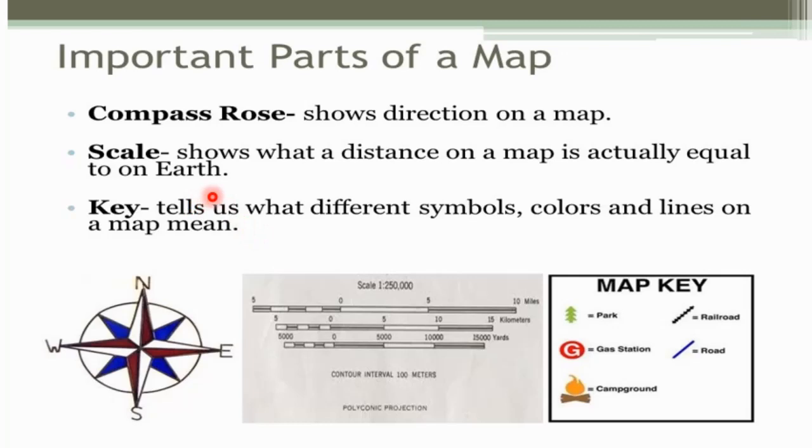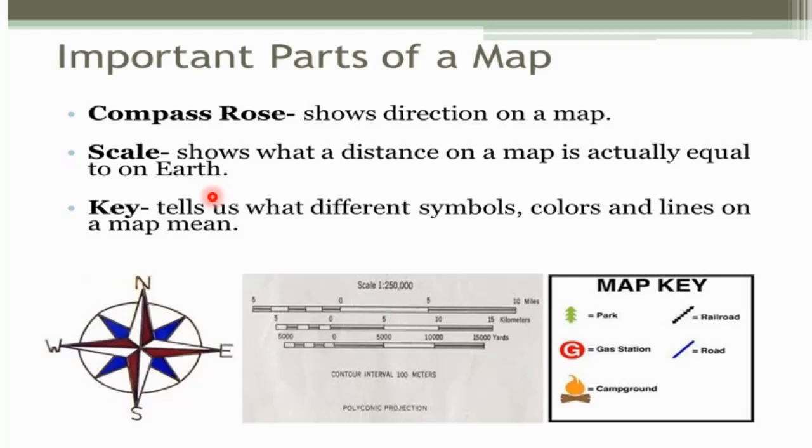For example, if we want to draw a 10-kilometer area on an A4 size paper, we will reduce the size on the paper with a specific ratio. For example, 10 kilometer is equal to 1 centimeter. It means 10 kilometer area on land and 1 centimeter area on paper.